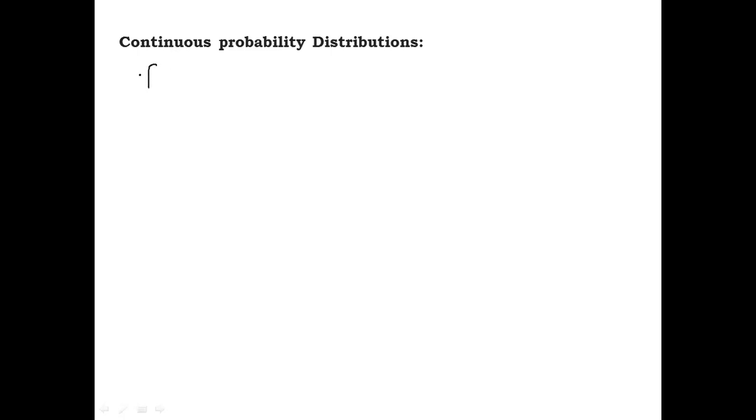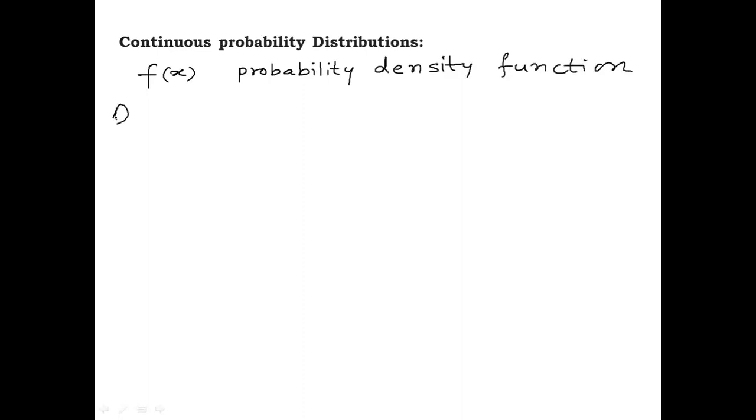And the probability formula is small f of x. This is the probability density function. It satisfies two properties. Small f of x is going to be greater than or equal to 0 for any real value of x.